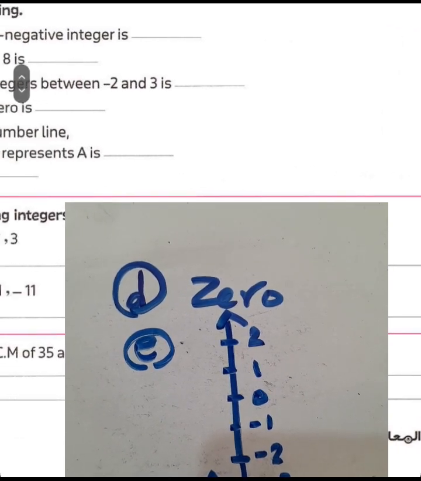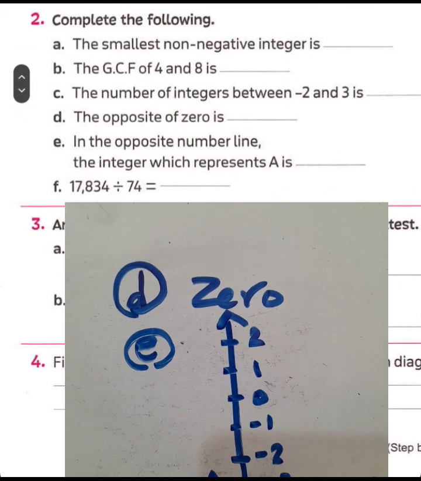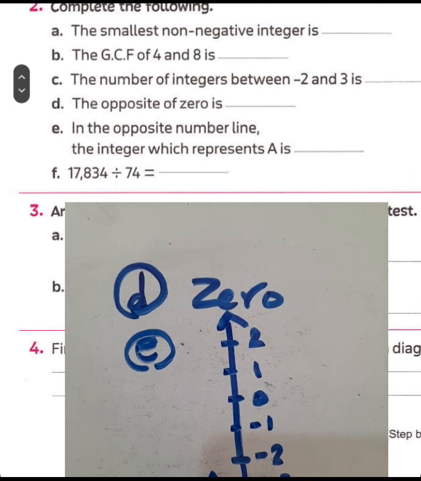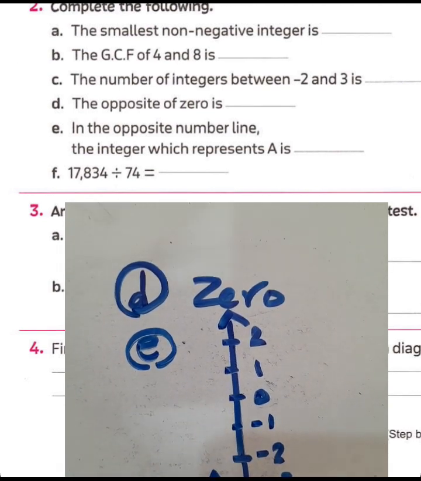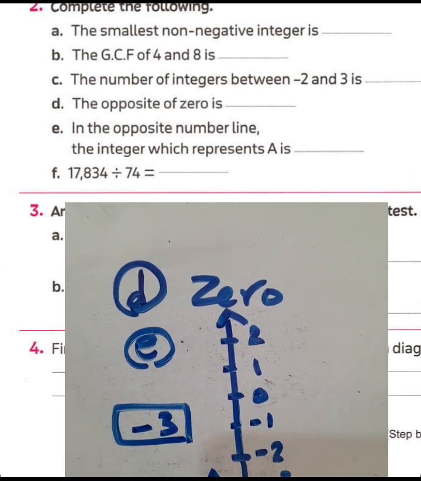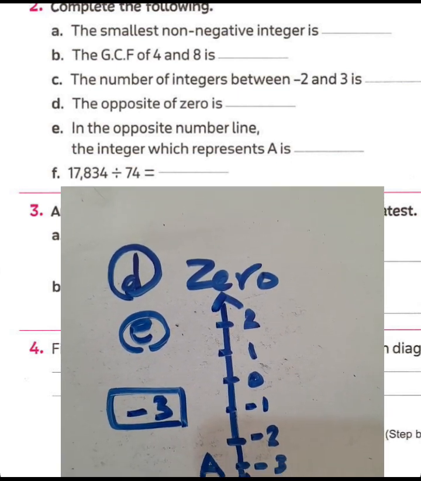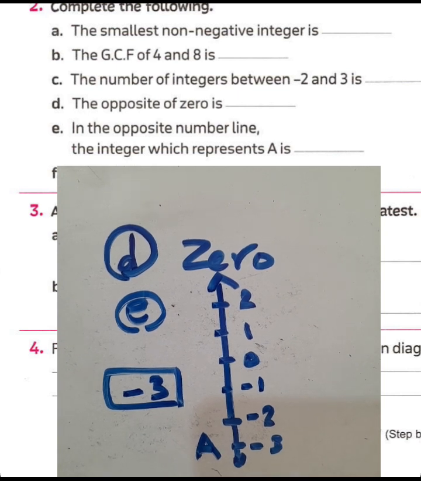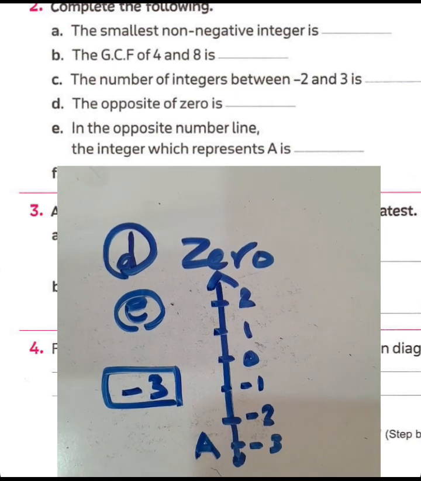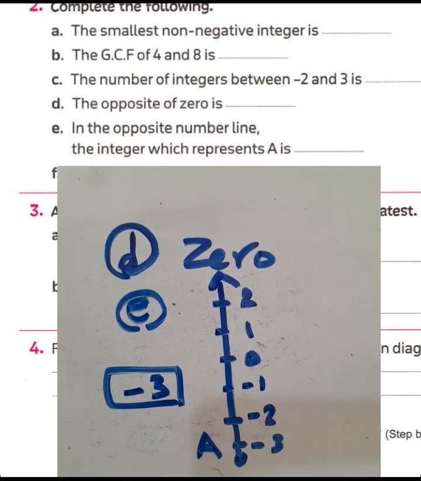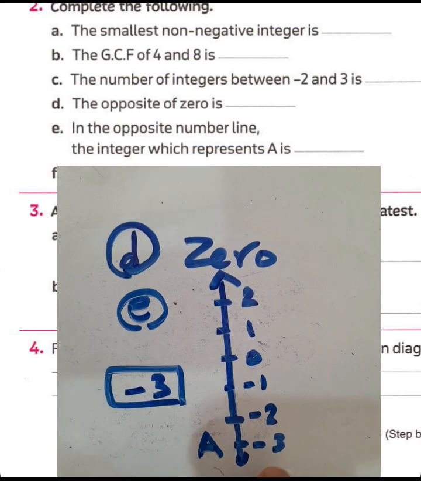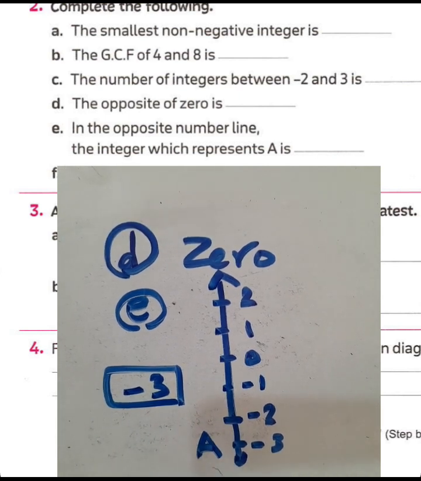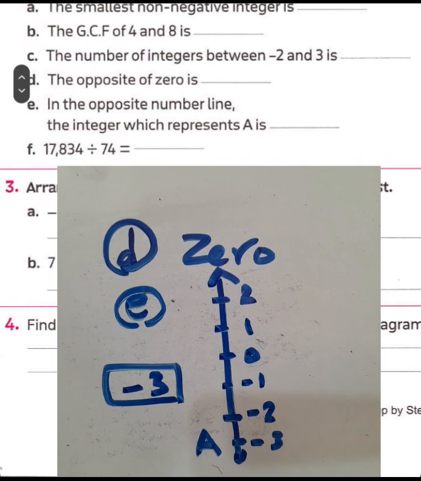So the integer which represents A is -3. We can write -3 in the space about question letter E. And what about question letter F?